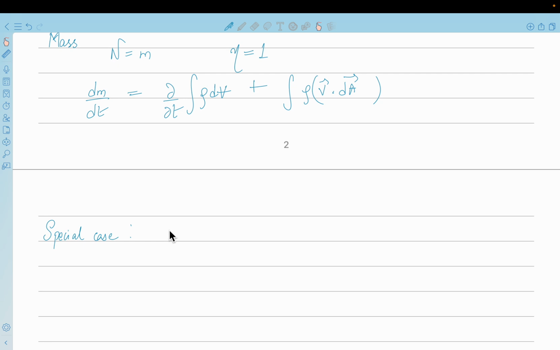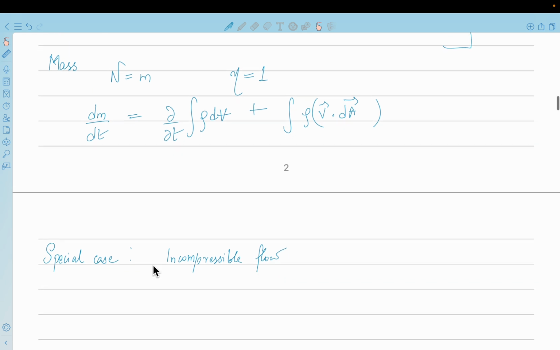So the special case, let's discuss. If we have incompressible flow, then I can take density out of the integral, right?